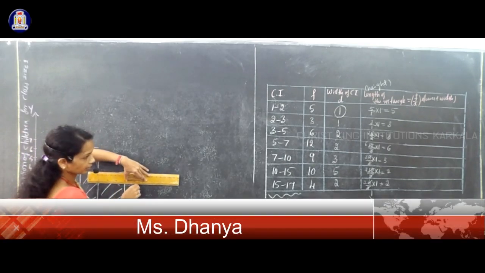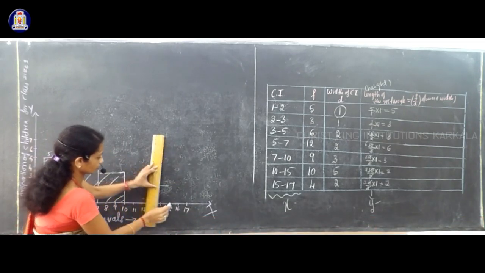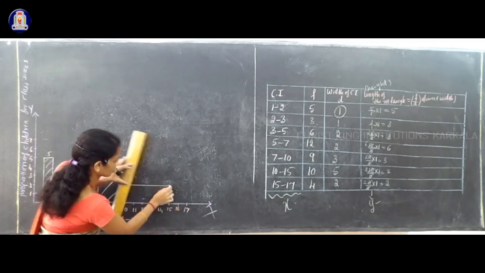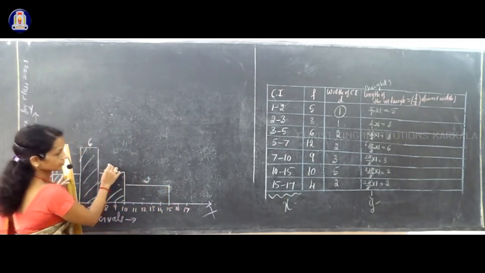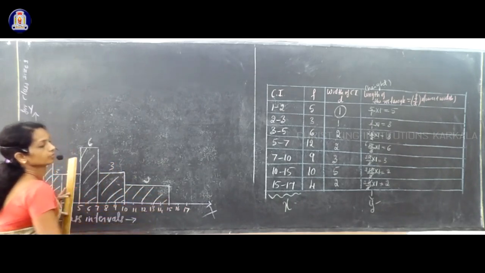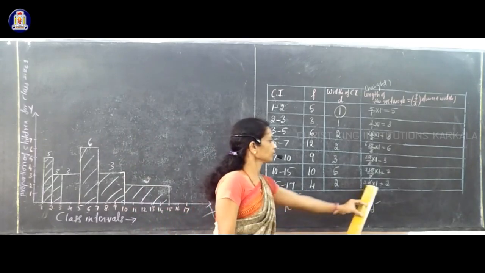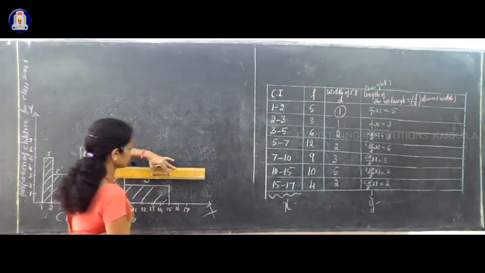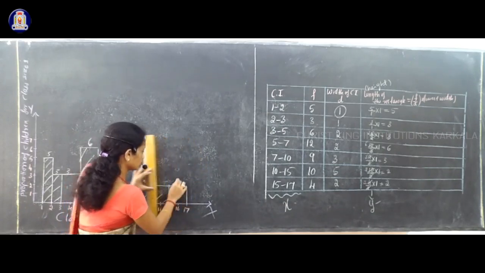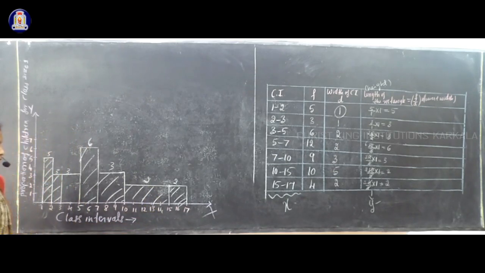You have to draw rectangular bar of height 2. Next, last again same, 15 to 17 rectangular bar of height 2. Okay, 15 to 17. This is a rectangular bar of height 2 from 15 to 17.